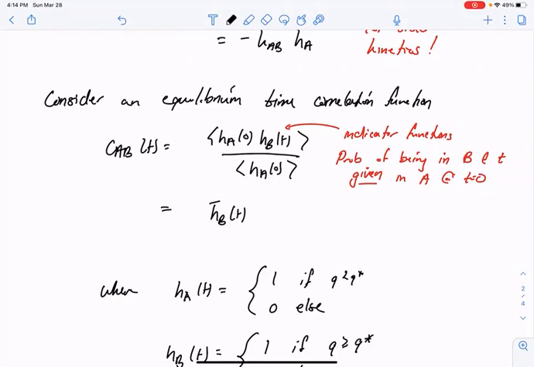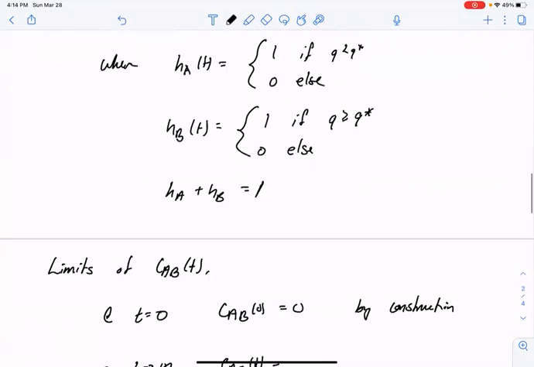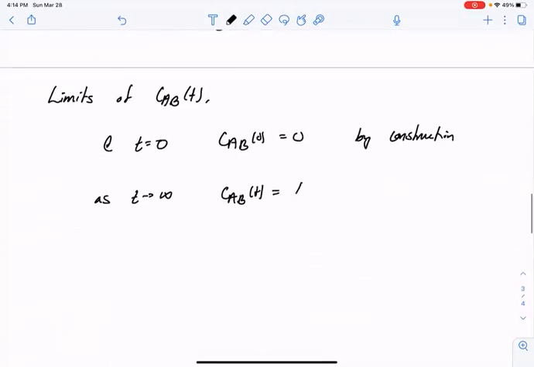The h_A's therefore cancel, and I'm left with just the probability of being in B, which is an equilibrium expectation value, which is thus stationary and thus independent of time. So it's just the probability of being in B.